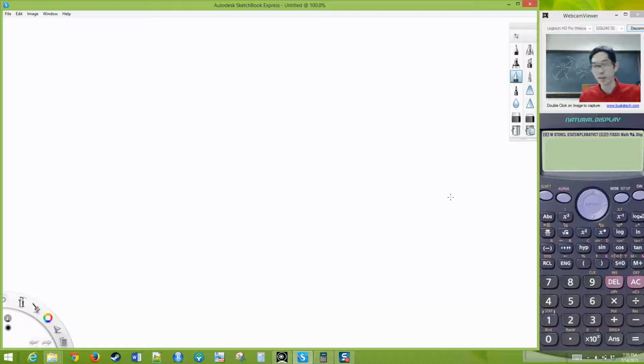Let's just start off with some basics. We might define an event as A. So there's some event called A. A could represent that the coin lands heads.